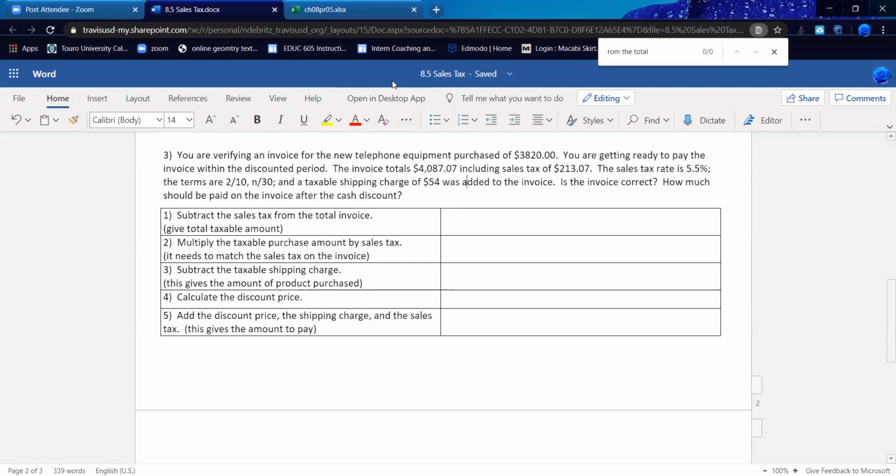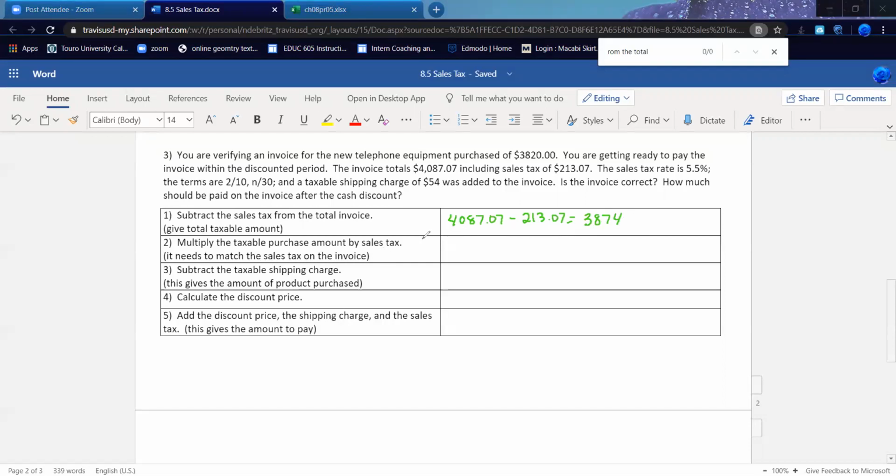So the first step is that I'm going to subtract the $213.07 from the $4,087.07, which is going to give me my taxable amount, which is $3,874. That's how much I'm going to pay tax on.